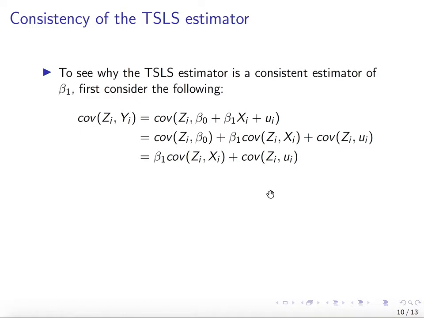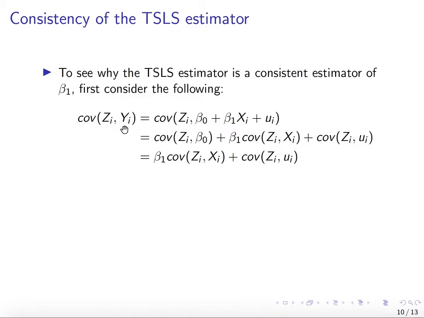To see this, and see why we're going to have a consistent estimator of beta 1, consider the following. Consider the covariance between zi and yi. zi, remember, is our exogenous variable. In our example, this was rainfall. yi is our dependent variable of interest.